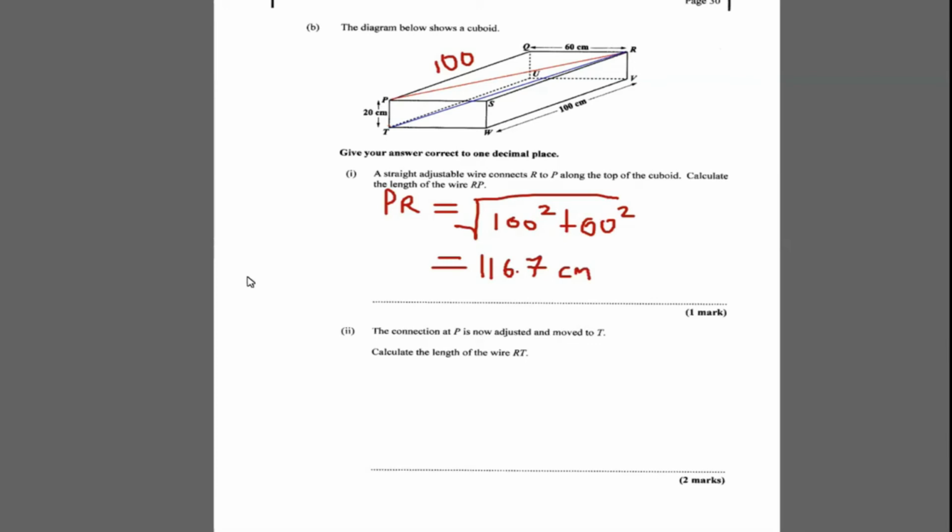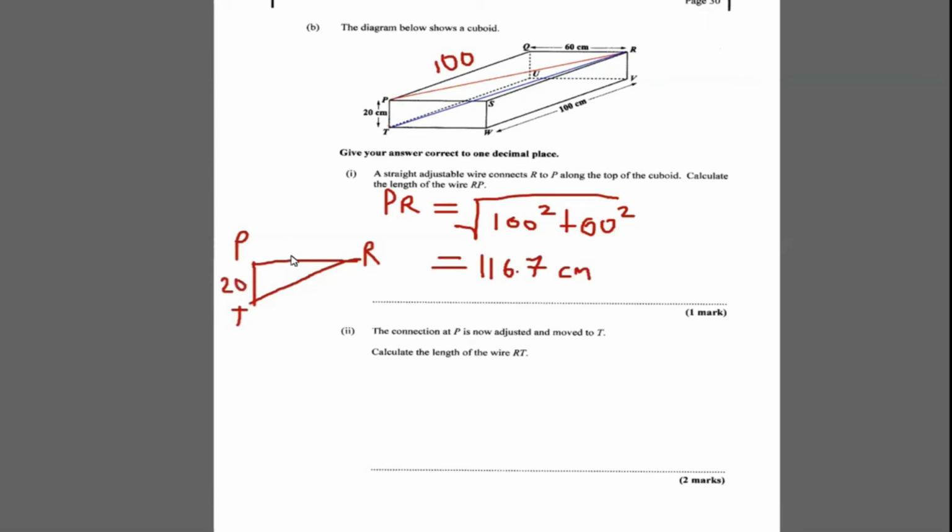This is P, this is T. This is just a cross-sectional view, guys. This is R, and this is RT. This is going to make it look better for me now. This looks good. So PT is 20.